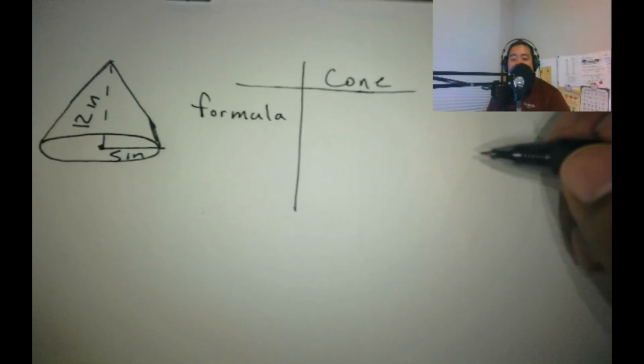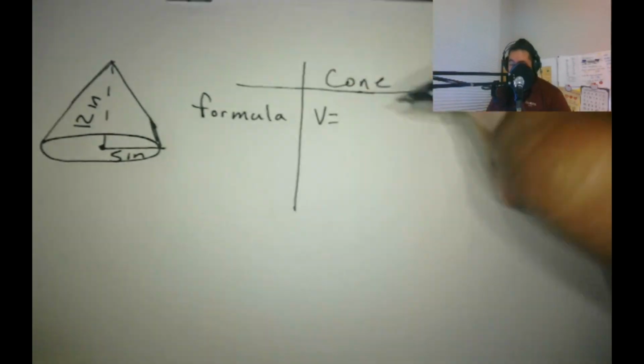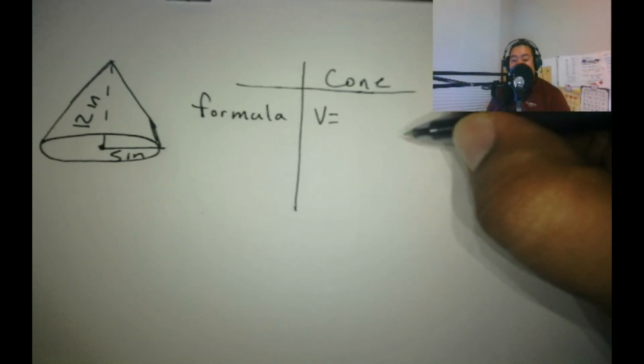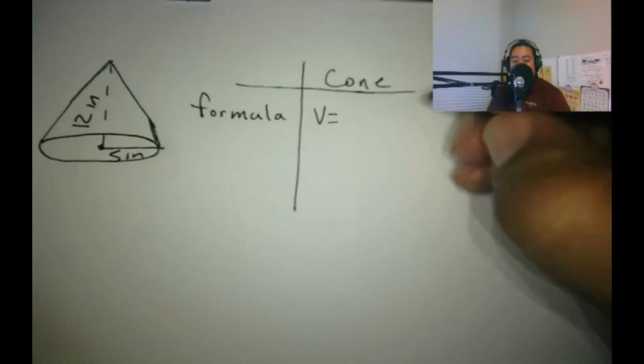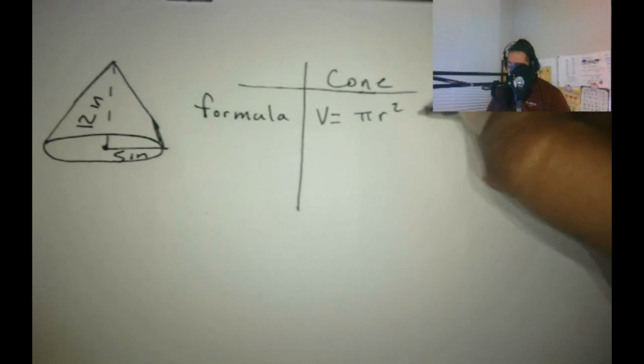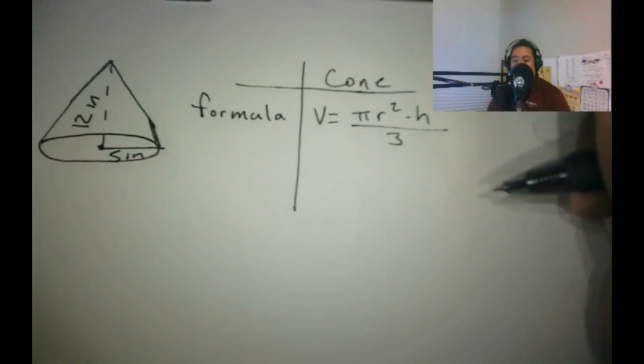Alright, so when I'm looking for the volume of a cone, I'm going to use my formula. Our formula was volume equals the base times the height divided by 3, but we recreated that because we know the base of our cone is a circle, so we said pi r squared times the height, all divided by 3.